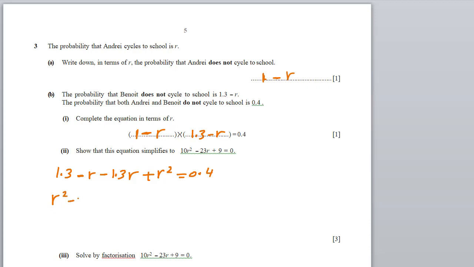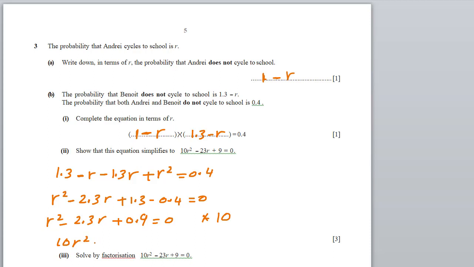So R squared minus 2.3R plus 1.3 minus 0.4 equal to 0. So R squared minus 2.3R plus 0.9 equal to 0, multiplied by 10. So 10R squared minus 23R plus 9 equal to 0. And this is the same equation here.